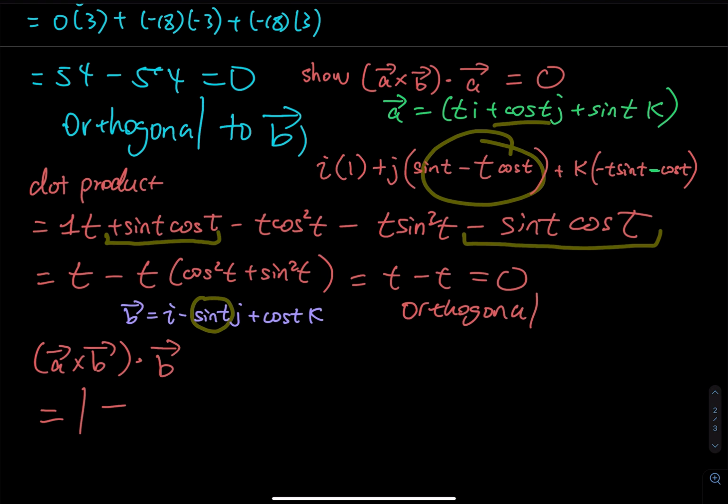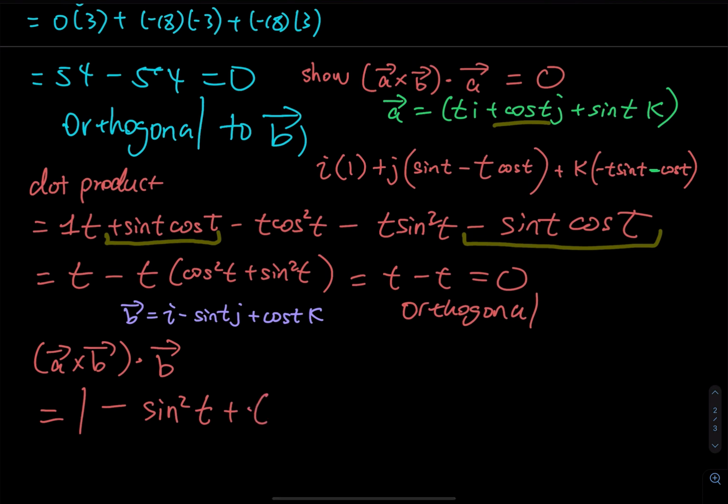Okay, let's do the math. So we have minus sine square of t, and then plus t sine times cosine, right? Yeah, t and then sine times cosine.